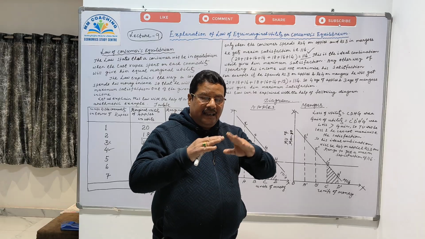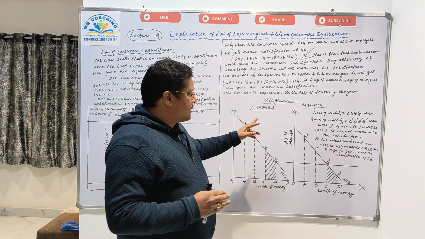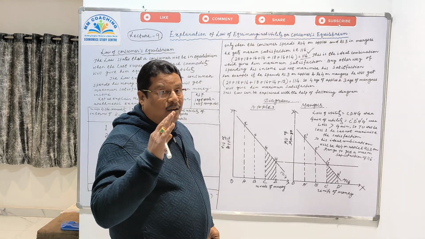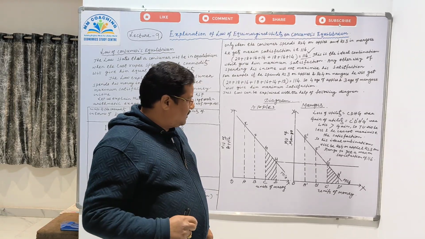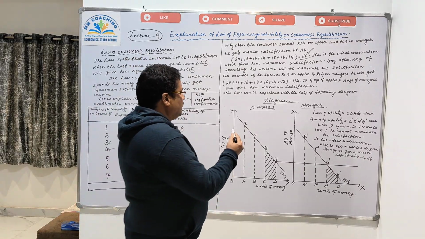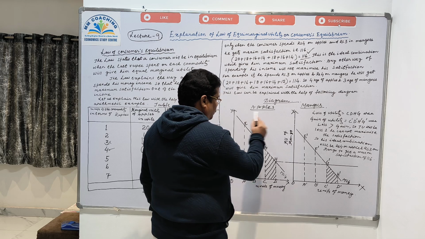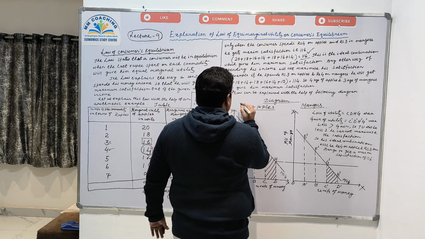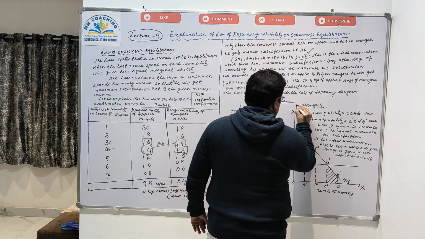It will be clearly seen in this diagram, and he cannot get maximum satisfaction. So look at the diagram. This diagram is for apple and second one is for mango.